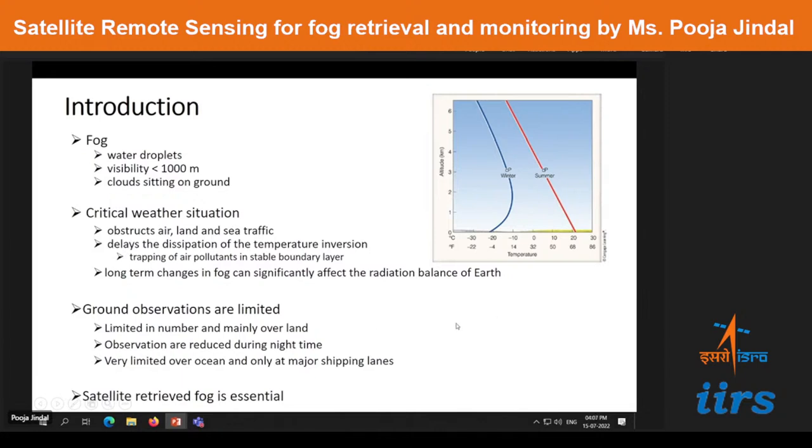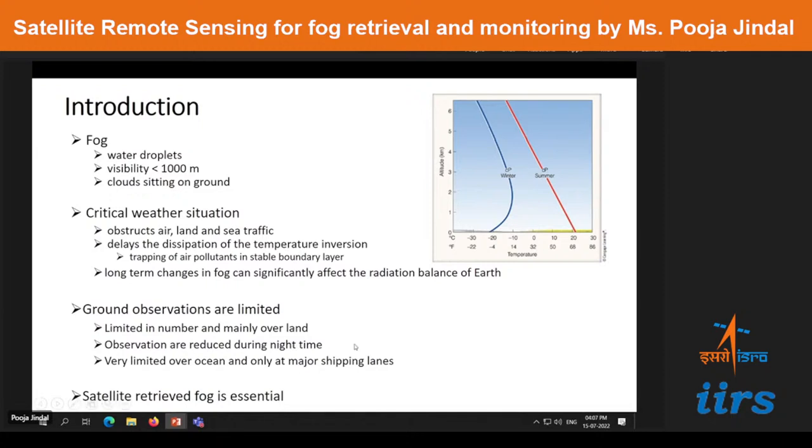Depending on the visibility, or depending on the presence of the fog, there will be some dissipation of the signal which has been sent by the transmitter. That dissipation will be studied by the receiver. So more dissipation means more fog or lesser visibility. That's how transmissometers are used for the automatic measurements of the fog from ground-based observations.